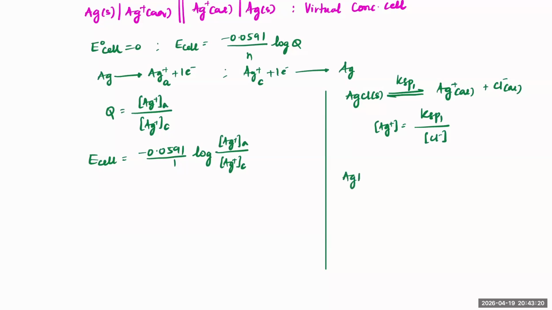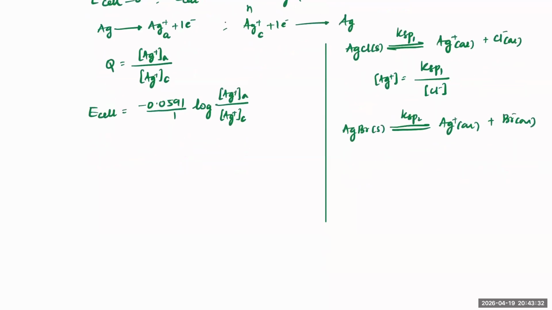Similarly, if we have AgBr, that will be Ksp2, giving Ag+ aqueous plus Br- aqueous. So therefore, here also Ag+ will be equal to Ksp2 upon the Br- concentration.